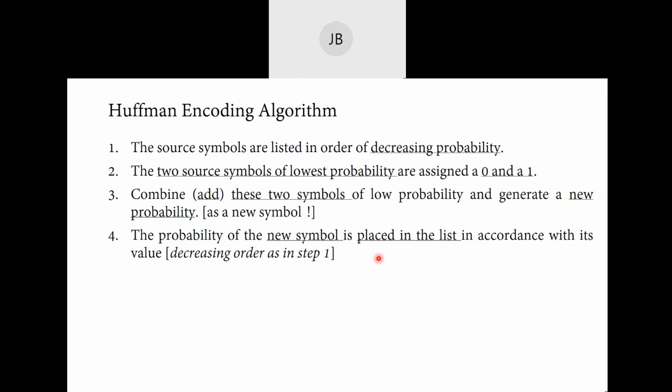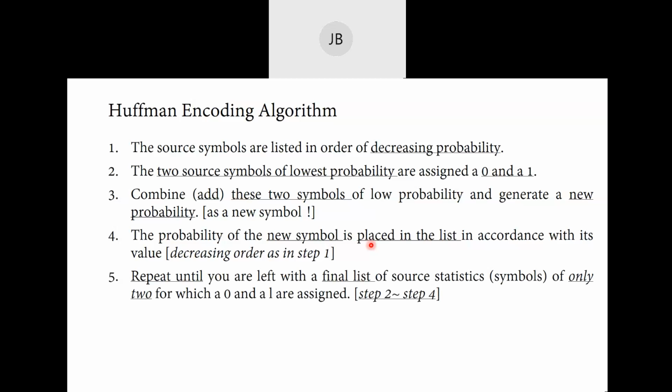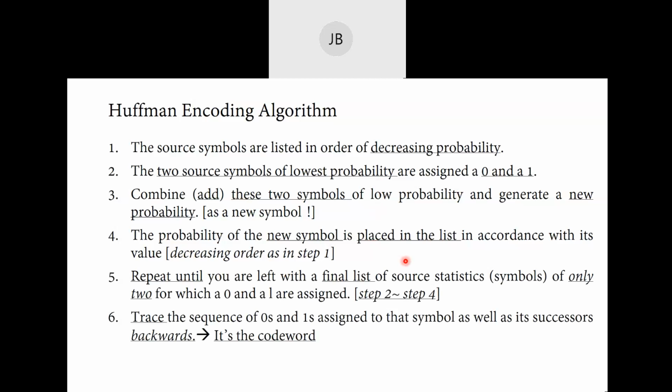Of course, it can be placed at the bottom also, but we will go for placing it at the top of the list. Then we keep repeating this process, that is step 2 up to step 4, until no further addition is possible.